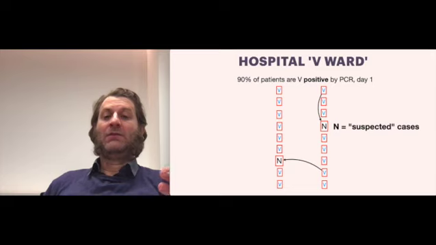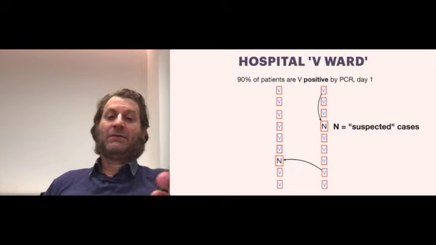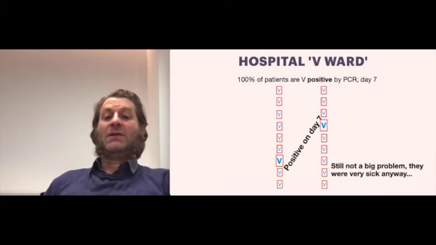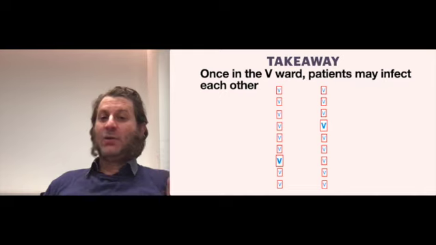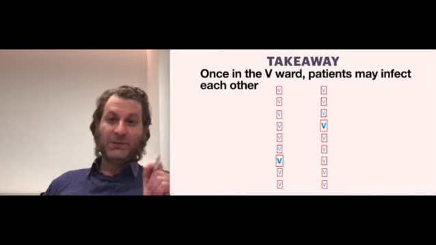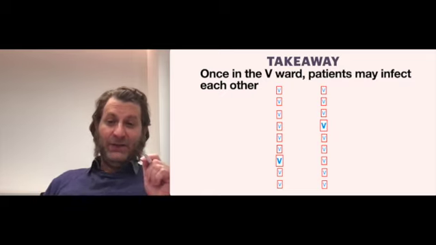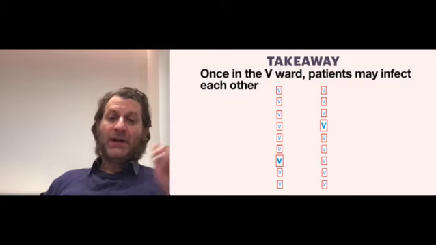So if someone comes and they have aspiration pneumonia, with no pathogen responsible, these negatives will become positive. V is, as we said before, highly infectious. This is not a problem, but this raises the point, which would be critical, that once in the V ward, people transmit viruses between them.